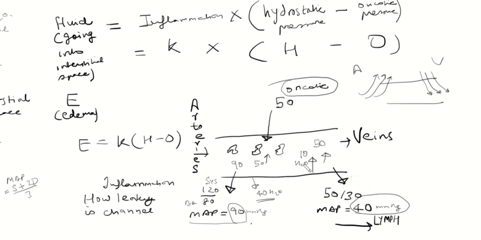Now, again, you see it's being pushed out by 40 and pulled in by 10. So there's a difference between how it's pushed out and how it's pulled in, right? So that difference is the fluid that remains in the interstitial space, right?